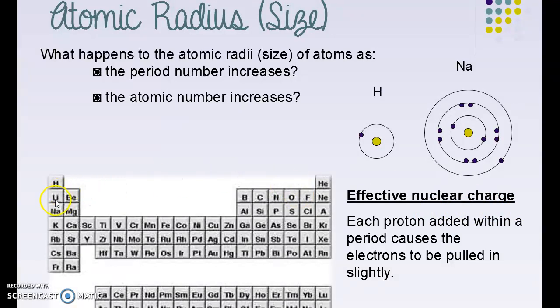As I add electrons from lithium through fluorine, I'm adding electrons to the same energy level, and when I do that, the attractive forces between the protons in the nucleus and the electrons actually get stronger. And so as I move from lithium to fluorine, my size will decrease.